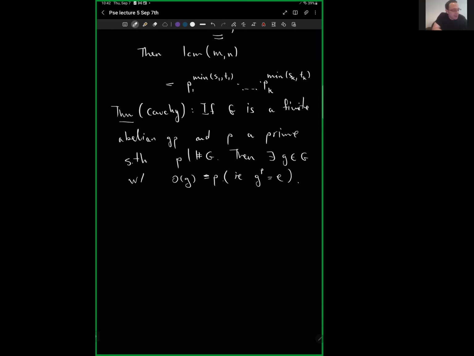Well, Cauchy tells you something similar. We will soon see that you can really construct a subgroup of order P in such a case, but for now, it simply gives you an element of order P.